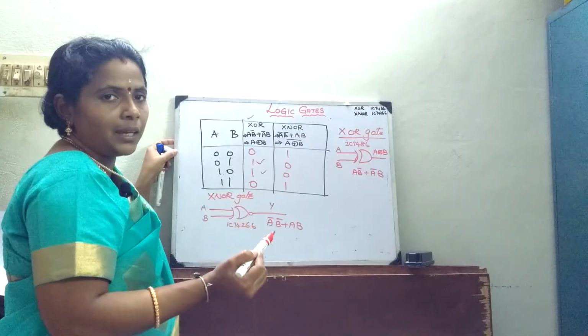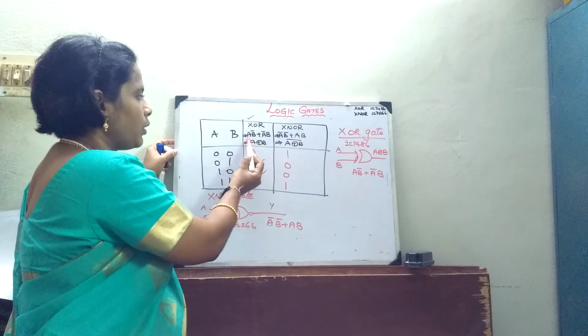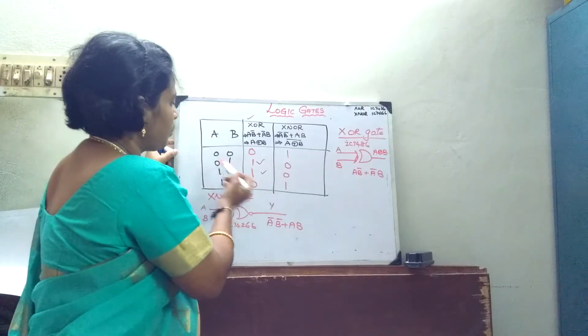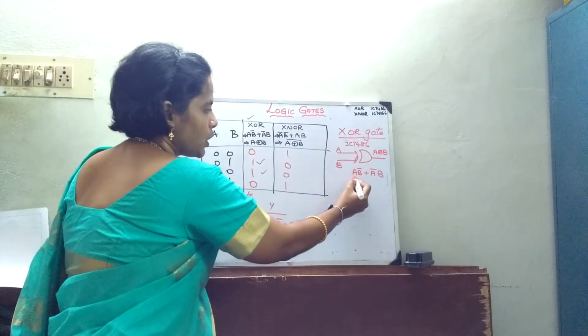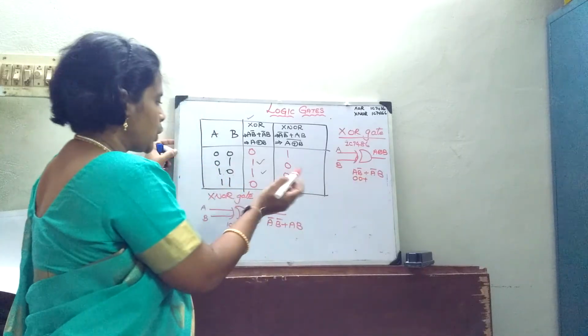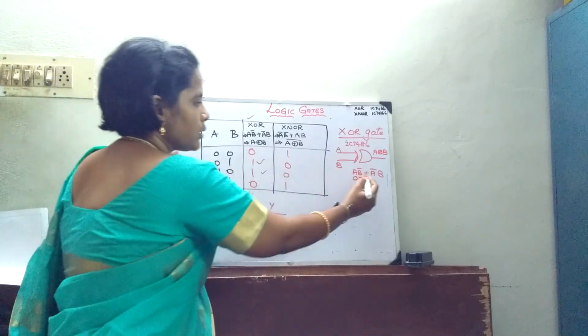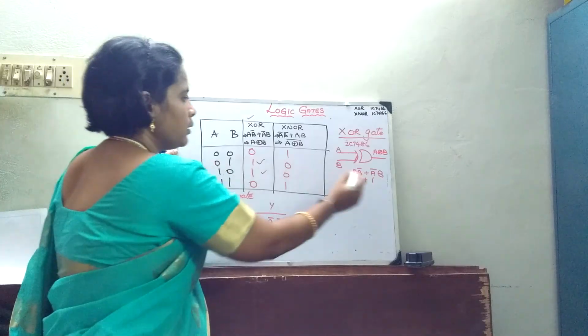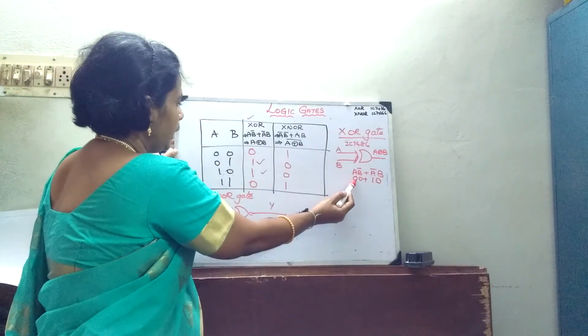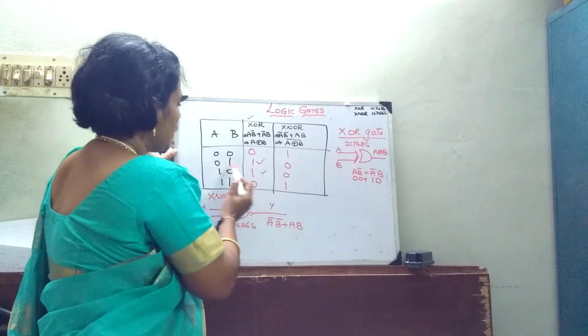Now let us see how it works. What is the expression I have given? A B bar plus A bar B. Let us take one condition. Suppose I am taking 0 1. So 0 1, here it is negation, so it becomes 0 1 0, then 0 1, so it will become 1 0. Okay. So here I am having A is 0, B is 1.